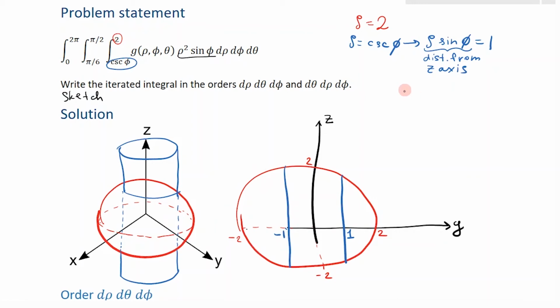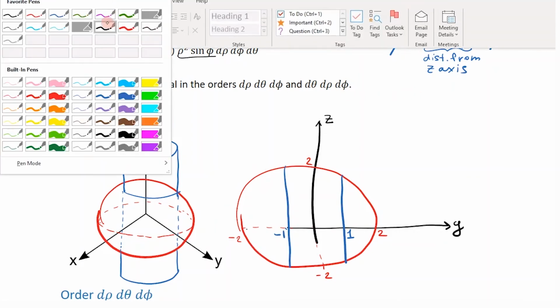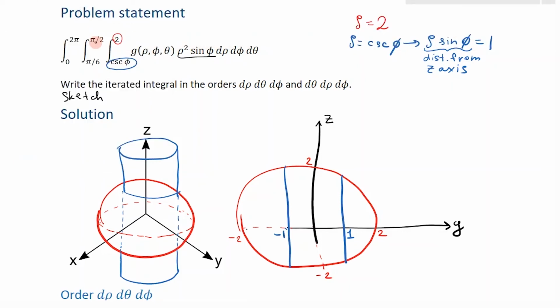Next, we want to get these ones. The upper bound is pi over 2, phi equals pi over 2, which is the same thing as saying xy plane. So this would be that.